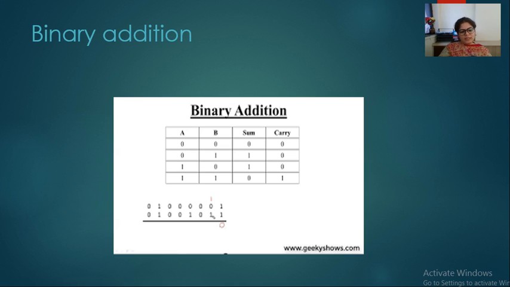We deal with decimal numbers like 2 plus 4, 5 plus 6, but the computer cannot understand these numbers. As the computer deals with only binary numbers, it is very important for us to understand how addition and subtraction are performed inside the computer. So in this topic we will study binary addition. So let's start with this.